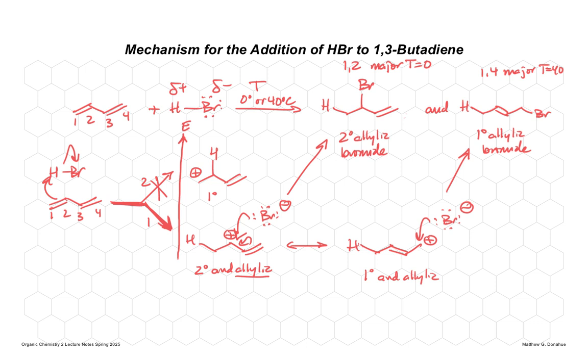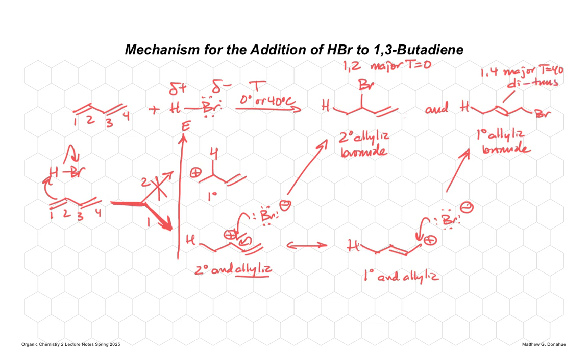And so this gets down to why we're explaining how the temperature affects it. The 1,2 addition is the kinetic product. At colder temperatures, that secondary allylic carbocation is trapped faster. The 1,4 addition, at 40 degrees, is thermodynamic because if we look at this pi bond, this is di-substituted and trans.